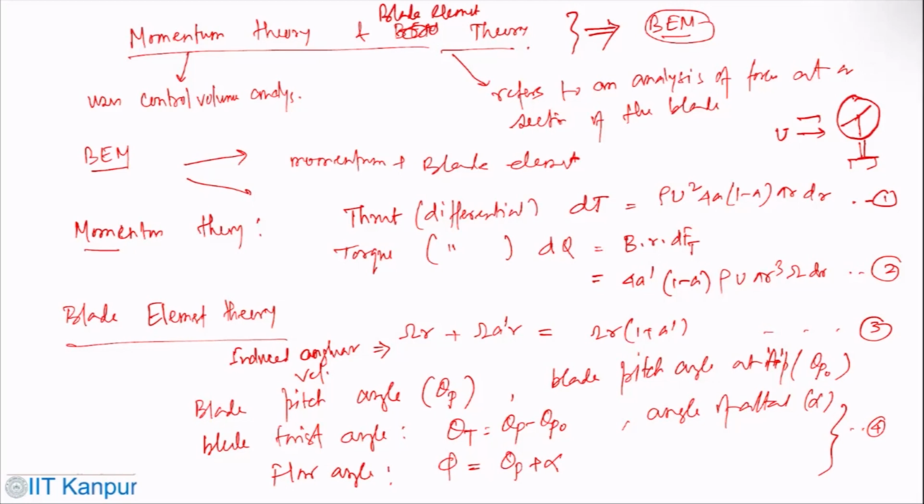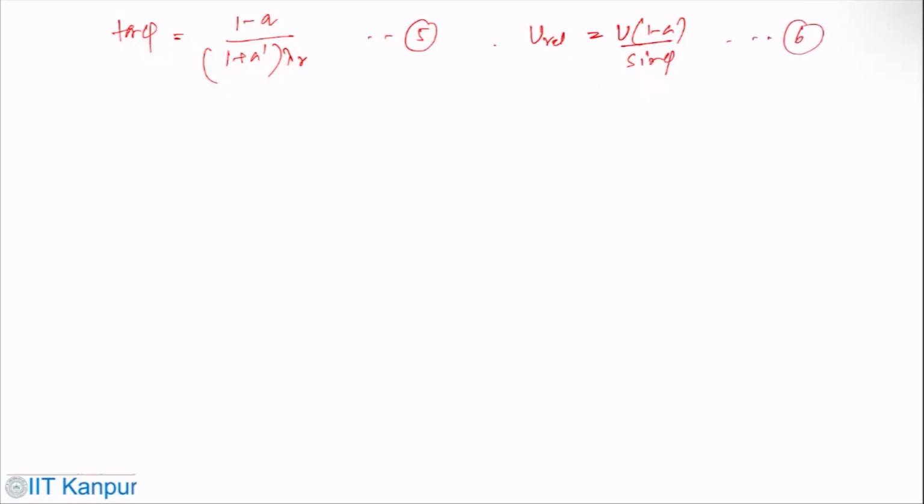Also, you have all the relationships like tan phi equals (1 minus a) by (1 plus a prime) lambda r, which is equation 5. Then you have U relative equals U into (1 minus a) by sine phi, which is equation 6.